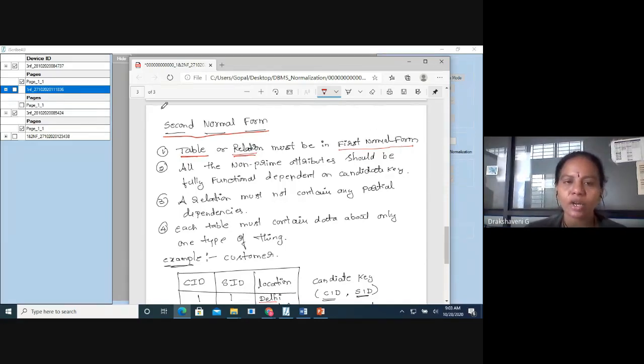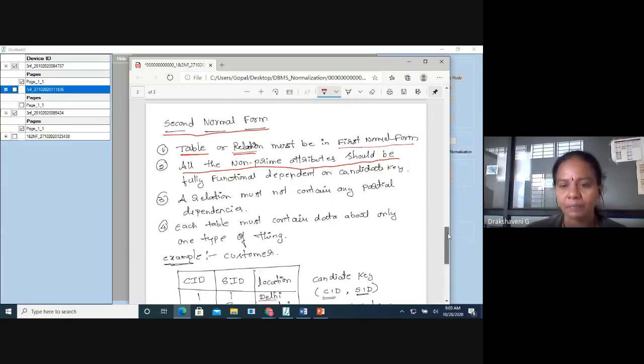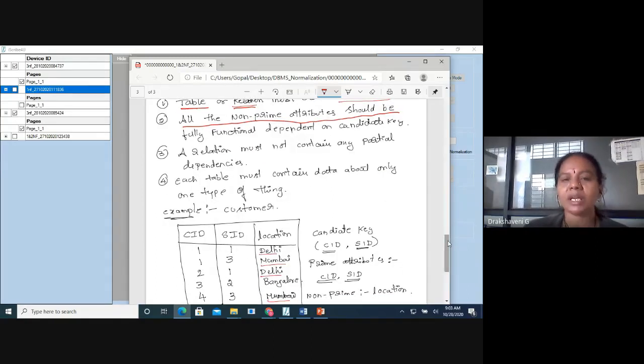When you say second normal form, the relation must be in the first normal form. All non-prime attributes. What do we mean by non-prime attributes? Prime attribute means your primary key. Other than the primary key, we call them non-prime attributes. They should be fully functionally dependent on the candidate key.